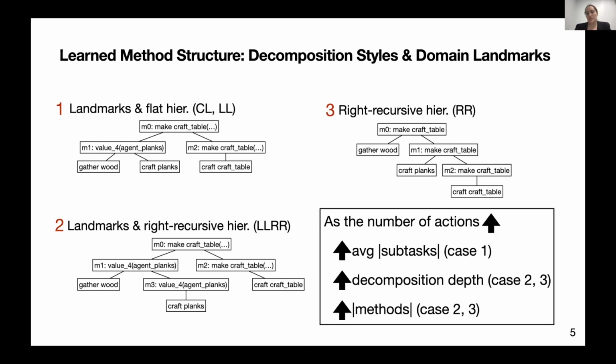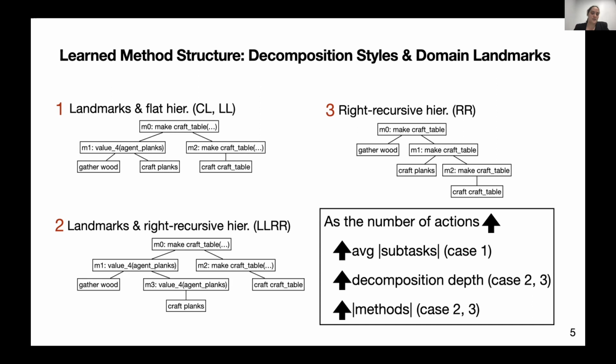And these different structures respond to an increase in the number of actions in different ways that can impact their performance when a planner is using them to generate a plan. In the case of the first structure with the flattened hierarchy, typically we'll see an increase in the average number of subtasks, but not in the decomposition depth or in the number of methods learned, or at least less in terms of the number of methods learned.